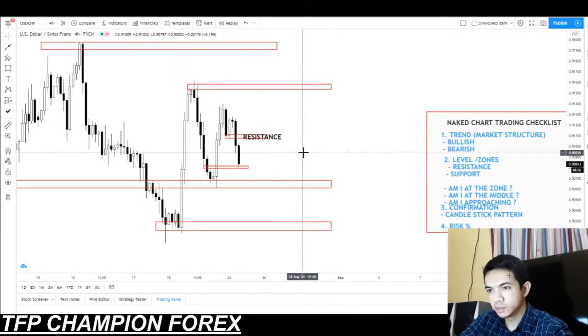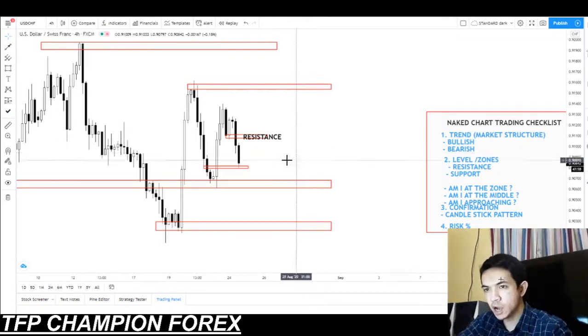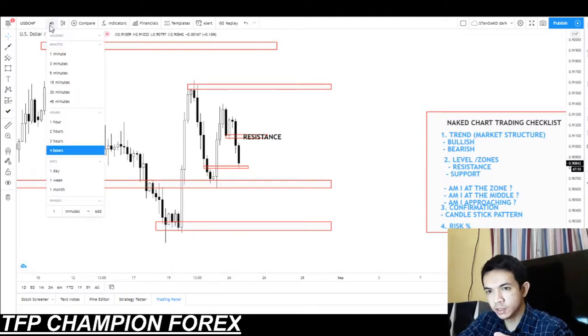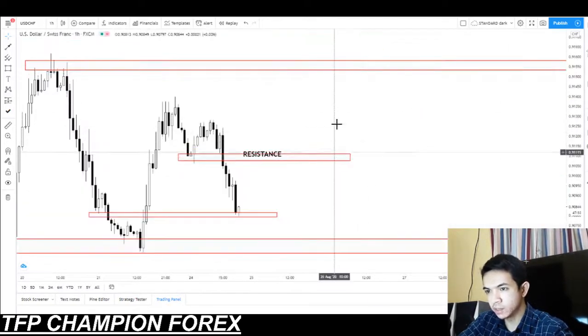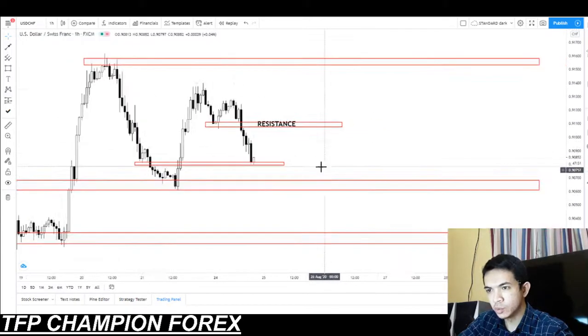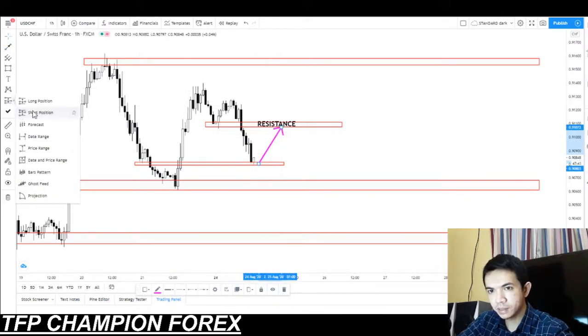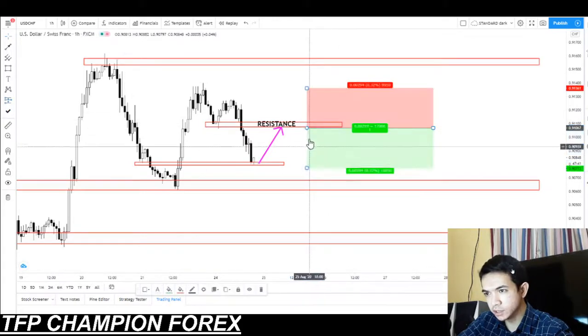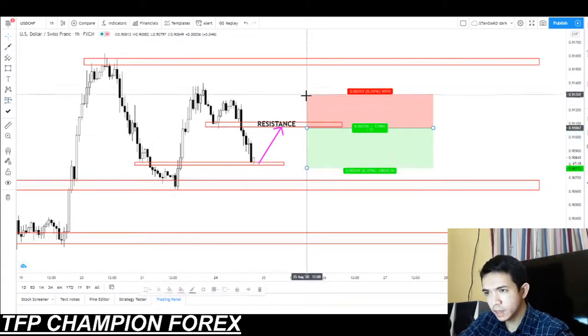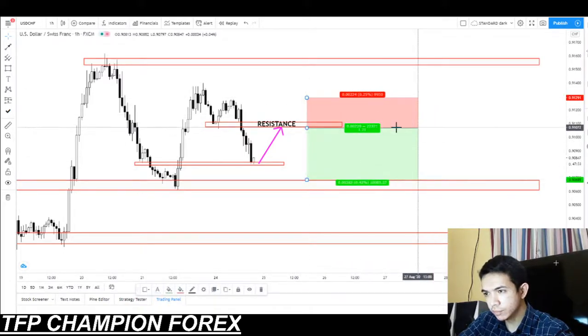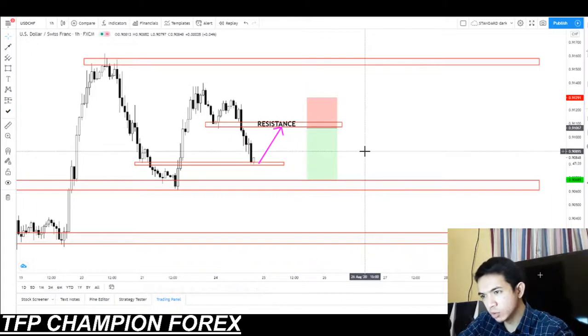Right? So whenever we look for opportunities, definitely we look for the price action prior to entry. That is how we place a trade at a certain time frame. So I will expect the price to at least go back to this level for me to sell this market. If ever I would sell this market, I can look for a trade going here, almost 1 is to 1, 1 is to 1.5.